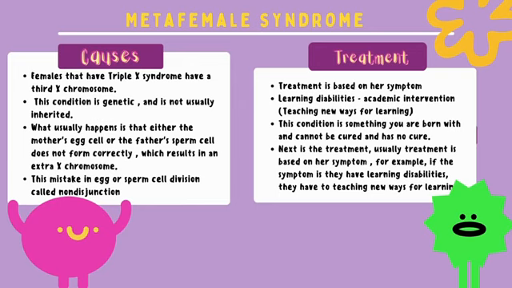Treatment is usually based on their symptoms. For example, if the symptom is learning disabilities, we have to find new ways to teach them. Chromosomes can never be eliminated, but if exposed to the right environment, they will survive in a normal life despite the many symptoms that they will show.